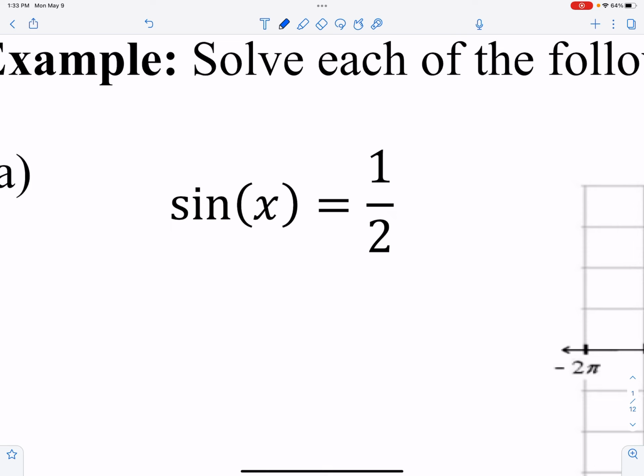So sine of x equals 1/2. I think, okay, well, sine is positive in quadrant 1 and quadrant 2. So we're going to have a solution from quadrant 1 and a solution from quadrant 2. The angle in quadrant 1 that would make this a true statement would be pi over 6. And then the angle from quadrant 2 would be 5 pi over 6.